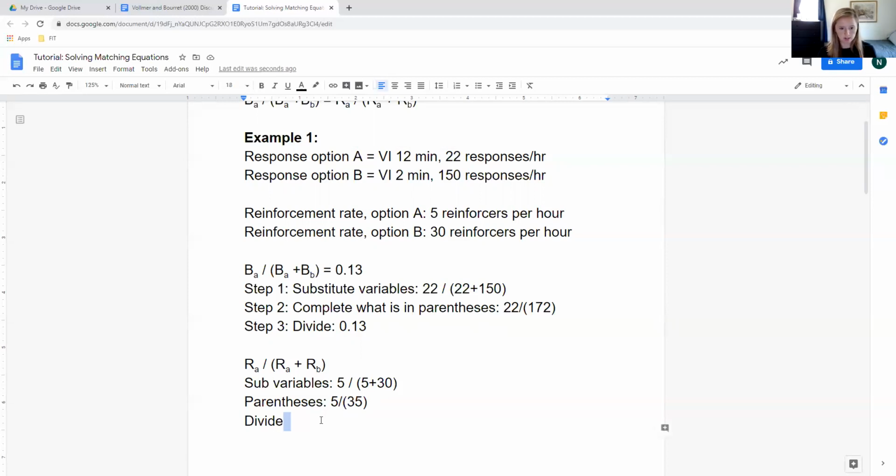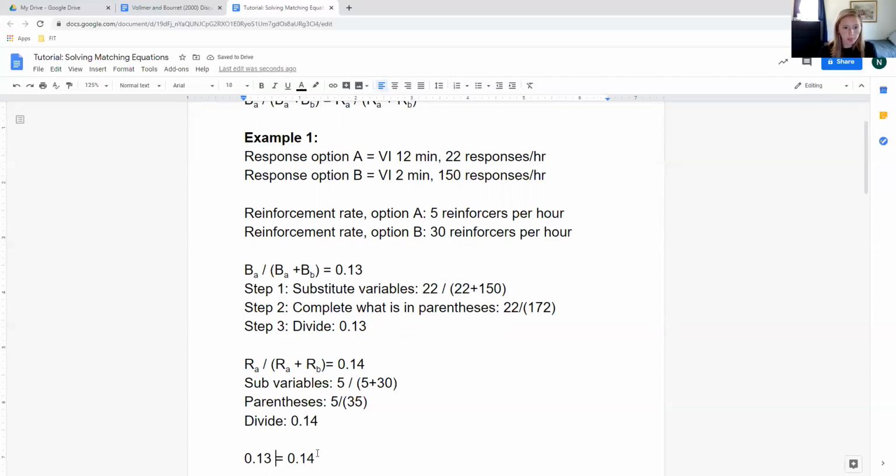Five divided by 35 is 0.1428, so we'll round to 0.14. If we were to look at this equation side by side, it would be 0.13 equals 0.14.